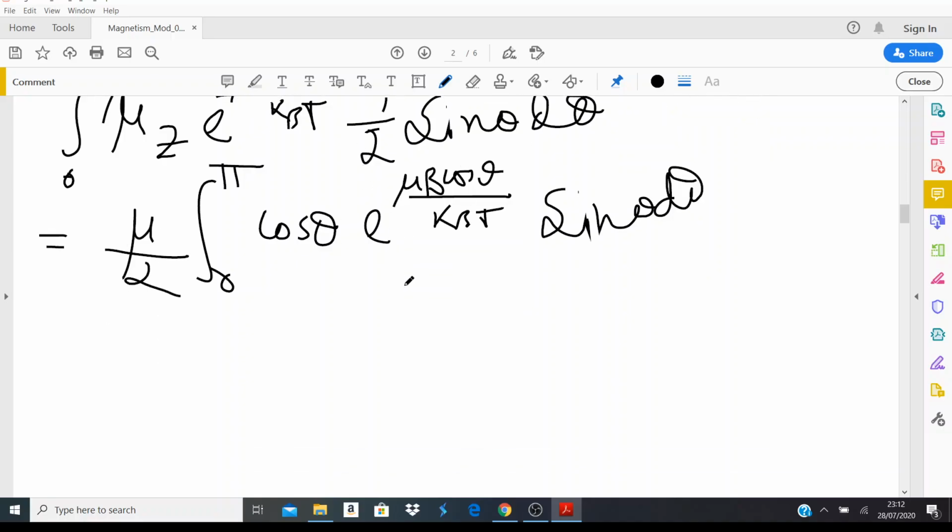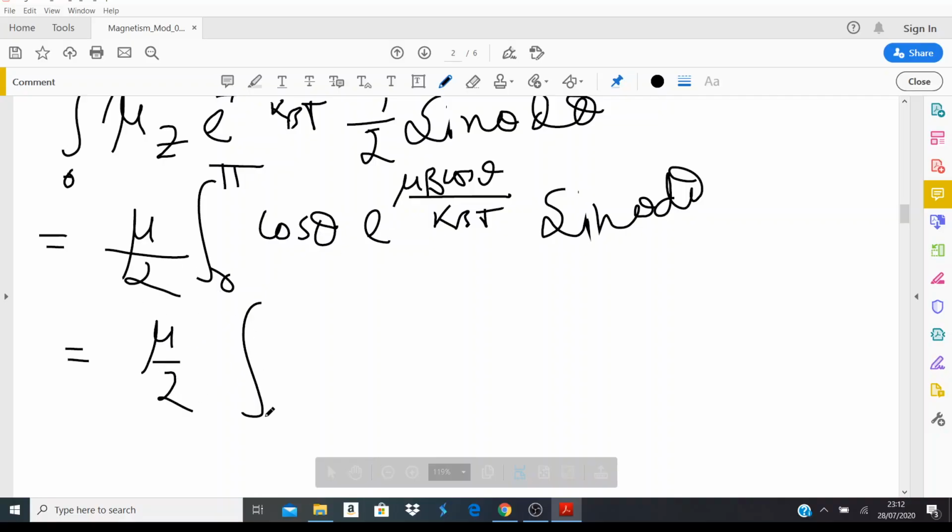We have some half factor here. Same substitution we need to use, right? We will put x is equal to cos theta, and then you can see this, just do it as a homework. The result from this will be mu by 2, limit be -1 to +1.